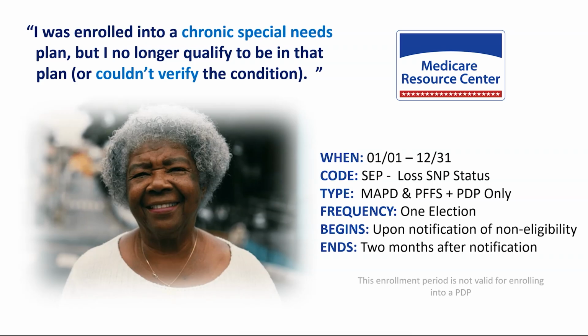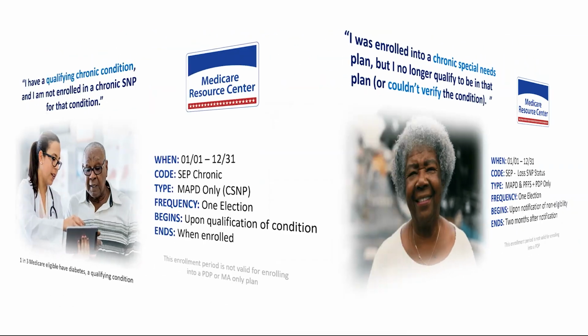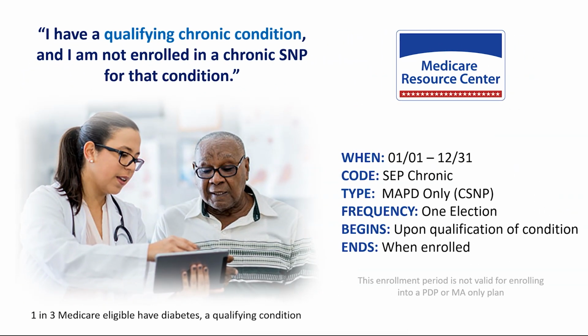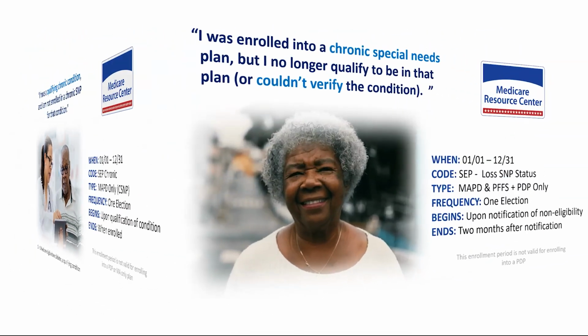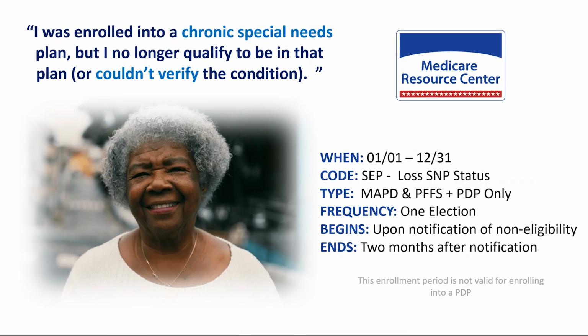So here's how you might use that enrollment period. You've got somebody that really needs a non-special needs plan. They need a street plan with a low maximum. Maybe they're looking at, let's just call it, Mount Carmel, and they're in a different plan. So you could enroll them, let me go back a screen, to a special needs plan. They'll get that for the first 30 days, and then sometime in the first month or so, that plan will say, hey, you don't actually qualify for this.